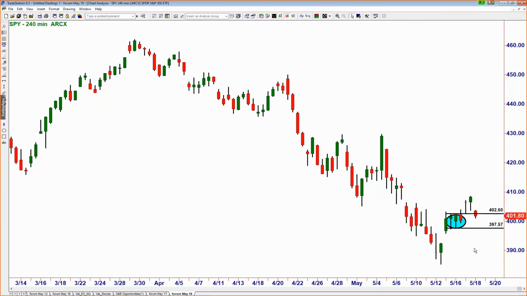Does that make sense? So that's why profit zone and probability go hand in hand. Any questions on that? Does that make sense?